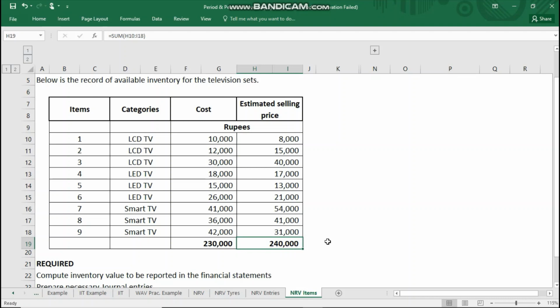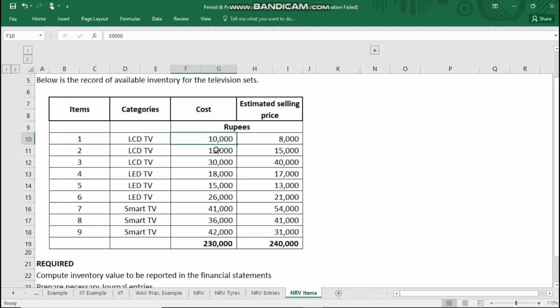Okay, so apparently it seems that we don't need any NRV adjustments in this inventory, but the point is we cannot do this NRV testing on a totality level when this type of data is given.